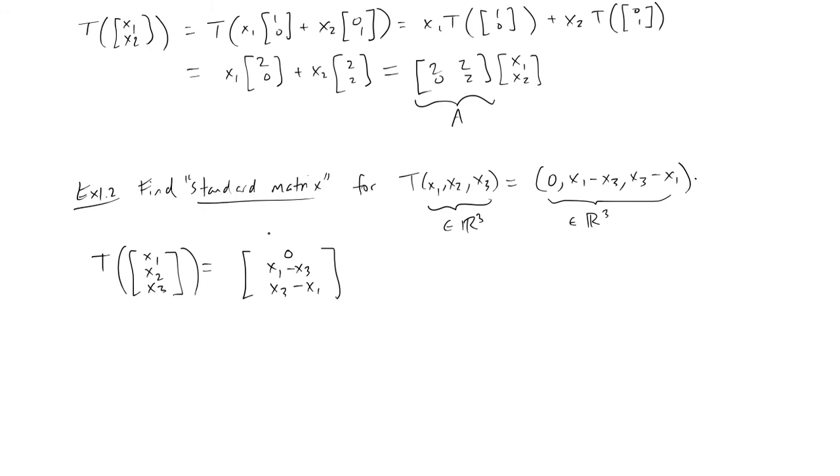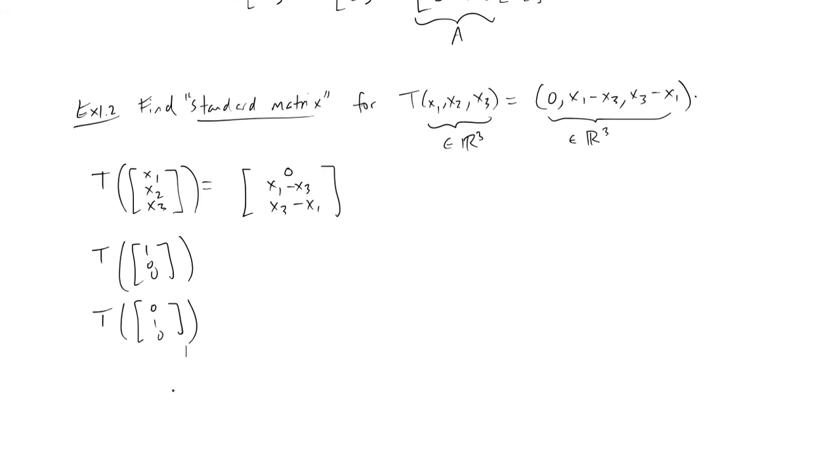So the key to finding the standard matrix, according to the theorem, is to figure out what this transformation does to the coordinate vectors, namely what it does to (1, 0, 0), what it does to (0, 1, 0), let's write it down here, and what it does to (0, 0, 1). And what's nice about this transformation given as a formula is we can see what it does.